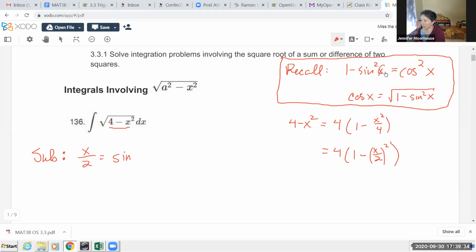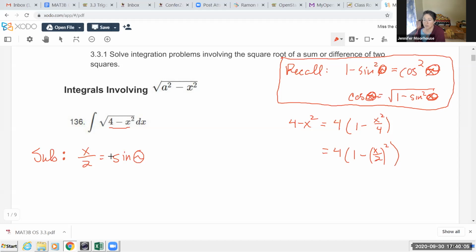Let's call these thetas instead of x's. It doesn't matter what our variable is, we can rename it anything, but that'll help us not get confused between the x's and the u's and the thetas. There's so many variables running around. All right, so x over 2, we're going to call that sine theta.